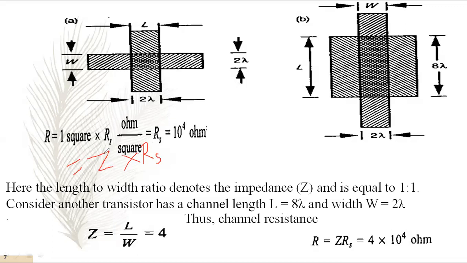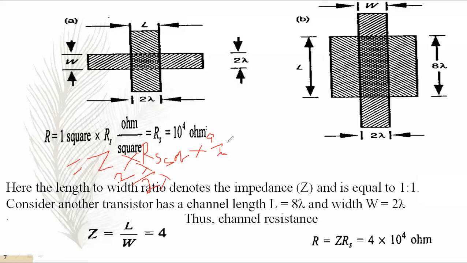Z is 2 lambda divided by 2 lambda, which is 1 square. That is 1 square into RS, where RS is rho divided by T.